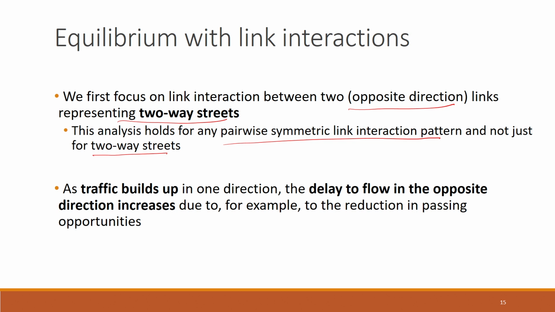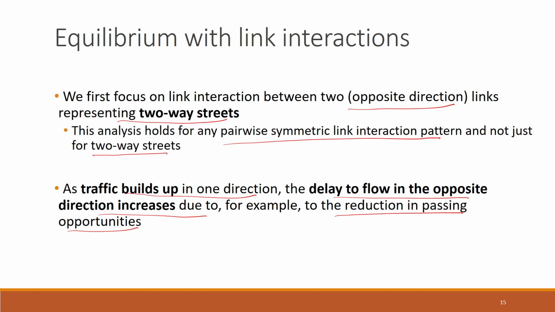So, in this two-way street case, as the traffic builds up in one direction, the delay to flow in the opposite direction increases due to, for example, the reduction in passing opportunities. Okay. So, we are now considering this case where we have two-way streets, and there is no barrier between them. In that case, we can safely assume that the travel time in one given direction will not just be a function of the flow in that direction.